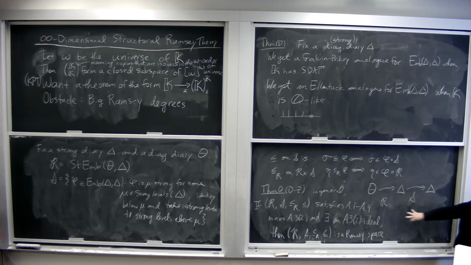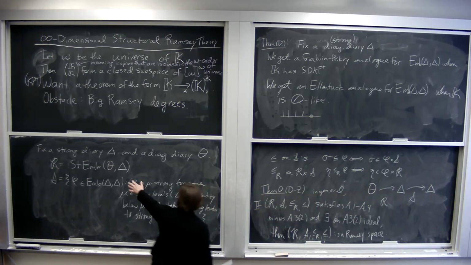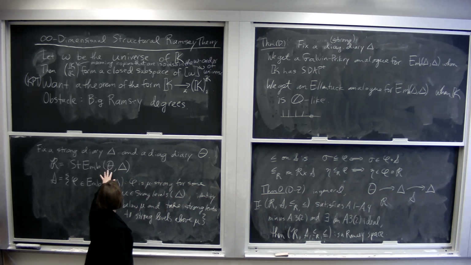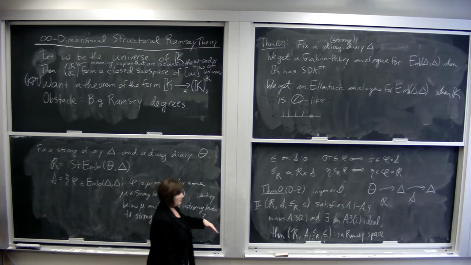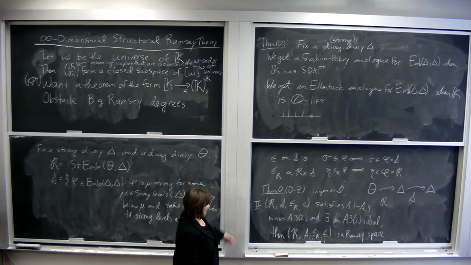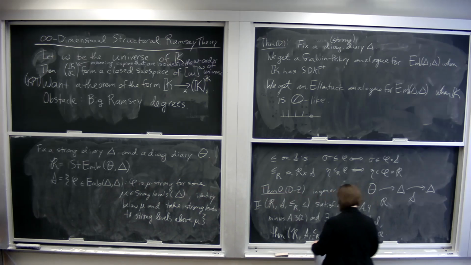All right, so from this theorem plus our setup, we end up with theorem one, wherever I put that. And if you require theta to be a strong diagonal diary, then using this finite approximation setup via these strong trees, the conclusion of the theorem is true.